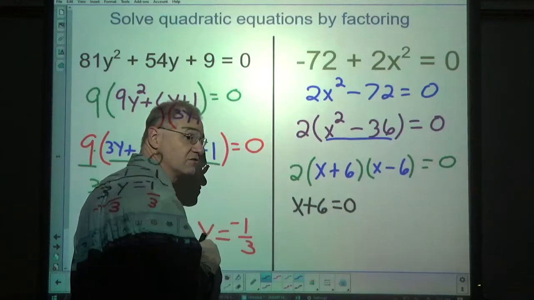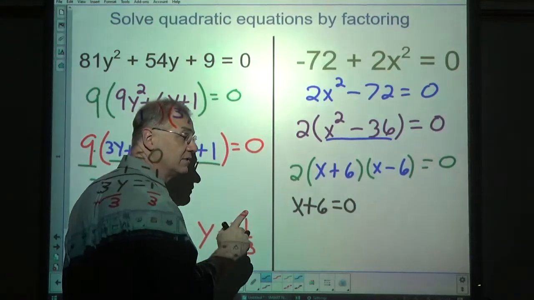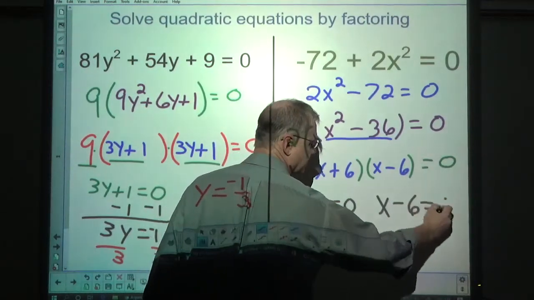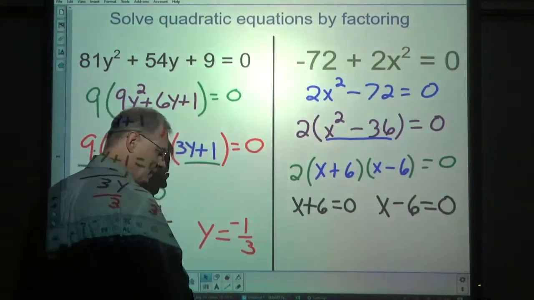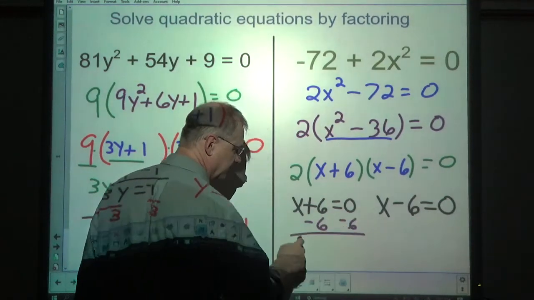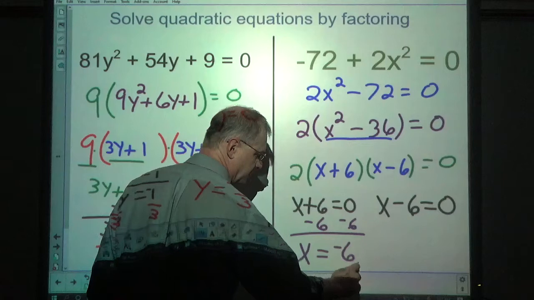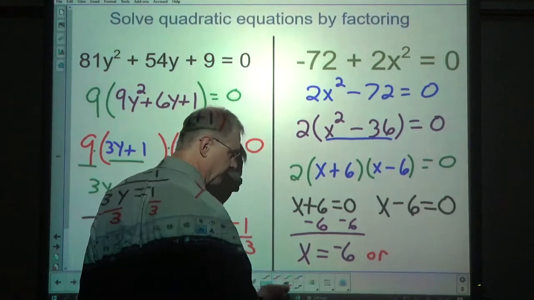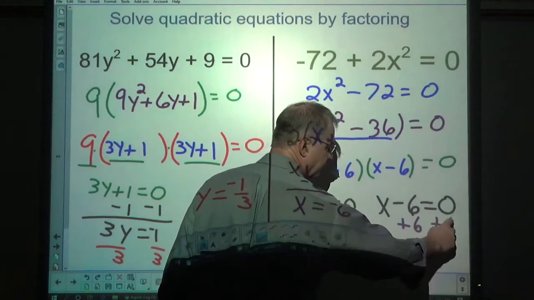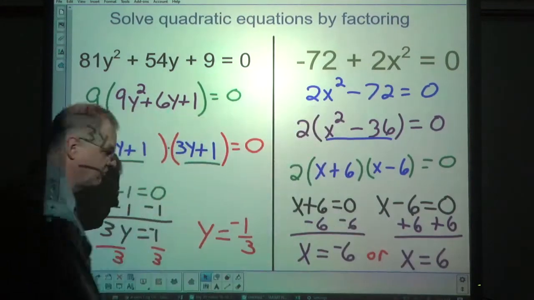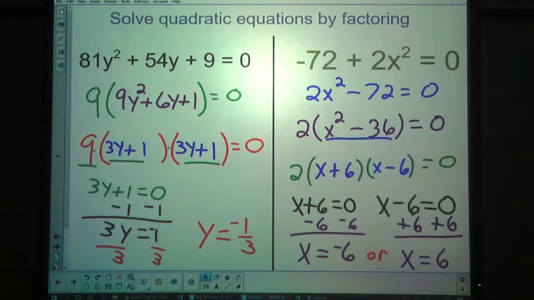Remember, the 2 does not have a variable, so we're not including it in what we set equal to 0. x minus 6 equals 0. Let's solve by subtracting 6 on both sides here, or add 6 on both sides here. And there you have your answer, positive 6 or negative 6.